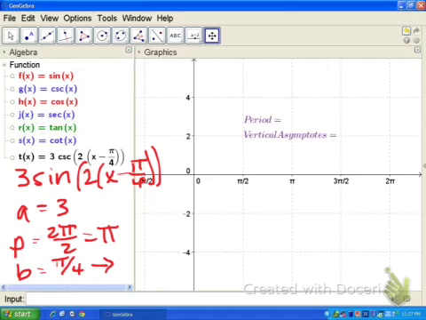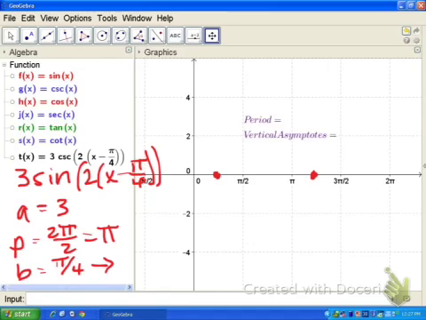So let's graph this function. It's a sine function, so it starts in the middle. And so I'm going to actually start pi over 4 units to the right, and so my first dot is going to occur there.